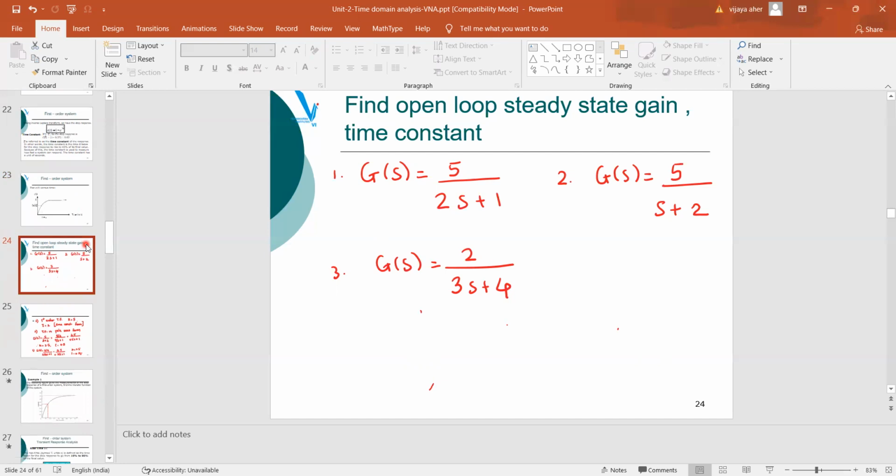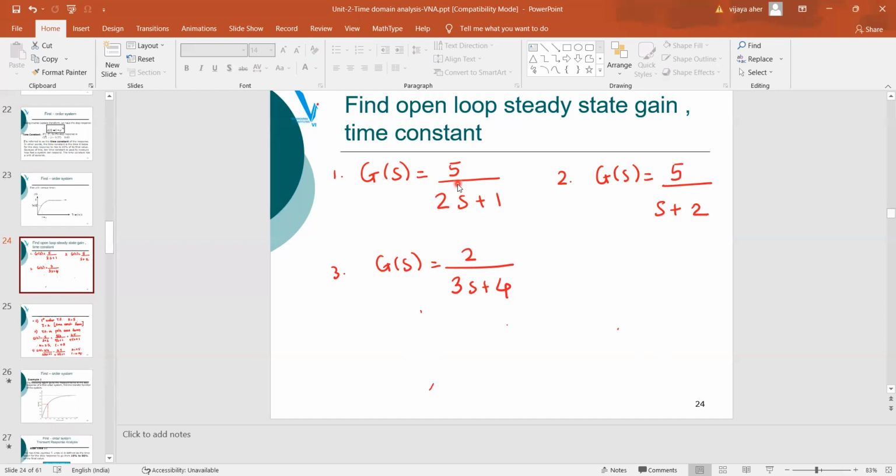Now see, starting with the first. Take the first example, G of s is equal to 5 divided by 2s plus 1. Now this equation is in time constant form, right?